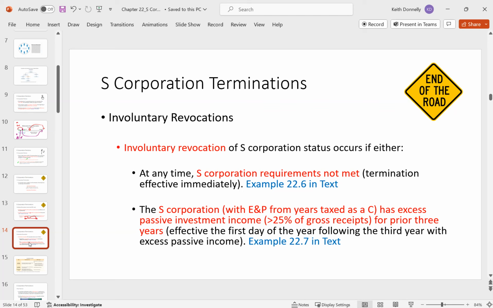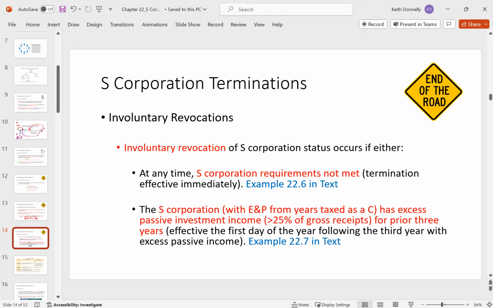Likewise, this one says here, if we have too much passive investment income, specifically if it's an S Corp and there's no E&P from when it was previously taxed as a C Corp. In other words, if we have too much passive investment income, namely more than 25% of our gross receipts for the prior 3 years, then we also will have an involuntary termination.